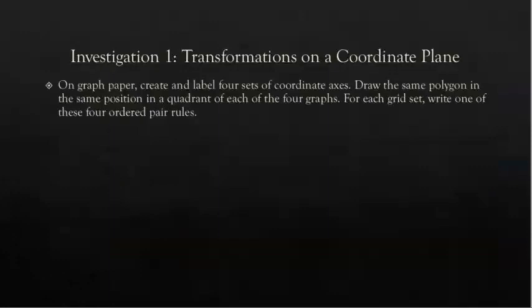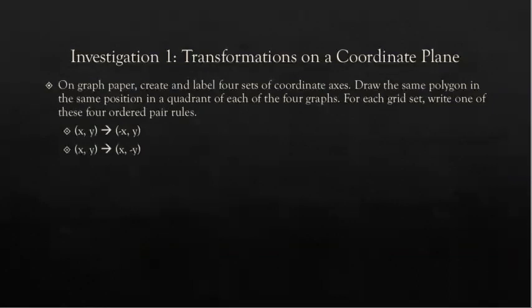So we can try this on a coordinate plane ourselves. On the graph paper, we want to create and label 4 sets of coordinate axes. We're going to draw the same polygon in the same position in a quadrant of each of the 4 graphs. Then we are going to apply these ordered pair rules, and we're going to see what that transformation is. So we're going to change the (x, y) to (-x, y).